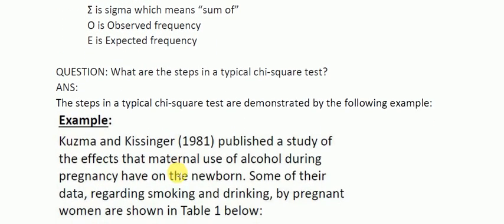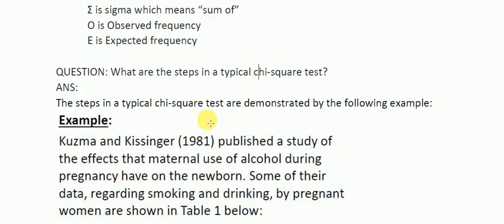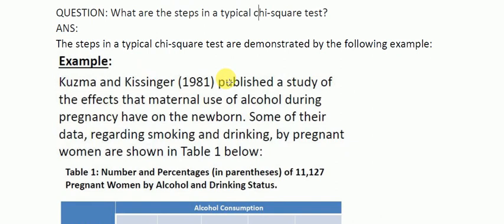So what are the steps in a typical chi-square test? Let's use this example to demonstrate the various steps. Two researchers published a study of the effects that maternal use of alcohol during pregnancy has on the newborn. Some of their data regarding smoking and drinking by pregnant women are shown in table 1.